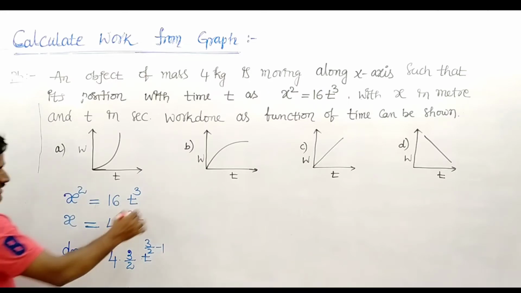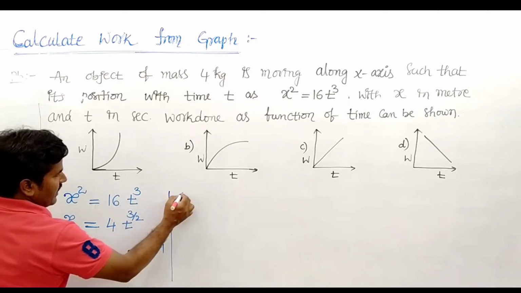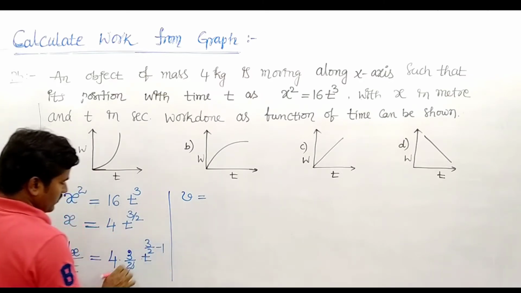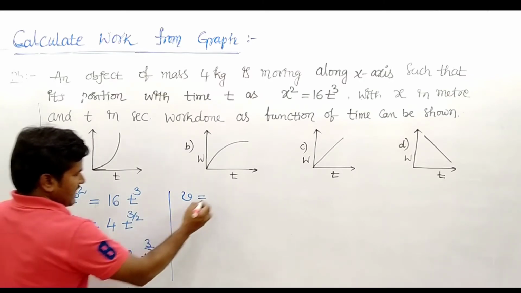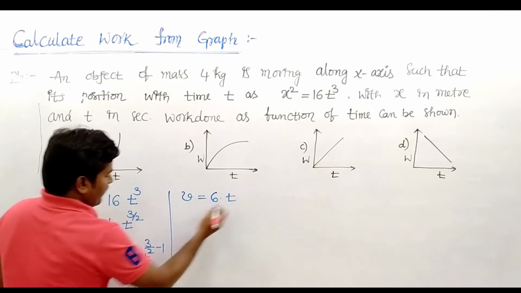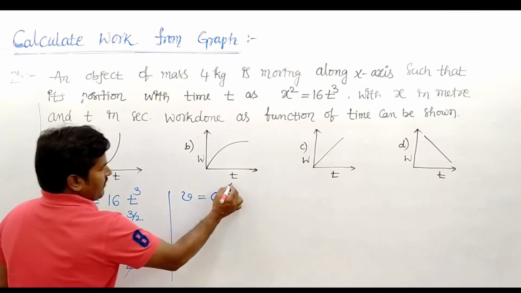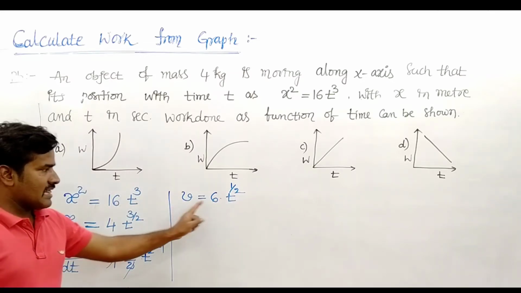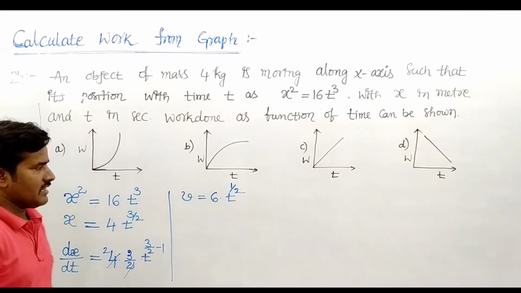So the velocity is 2 and 4 cancel, giving 6 into t to the power 3 by 2 minus 1, that is t to the power half. So the velocity is 6t to the power half, that is 6 root t.